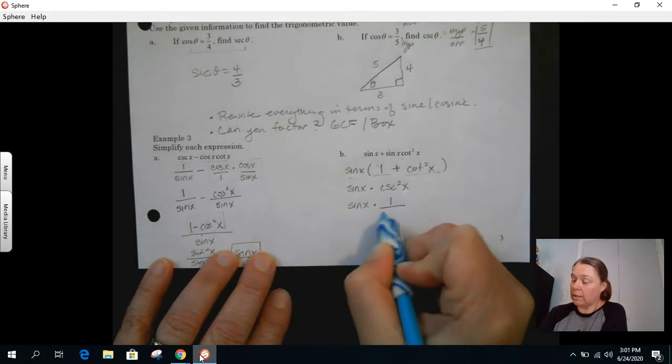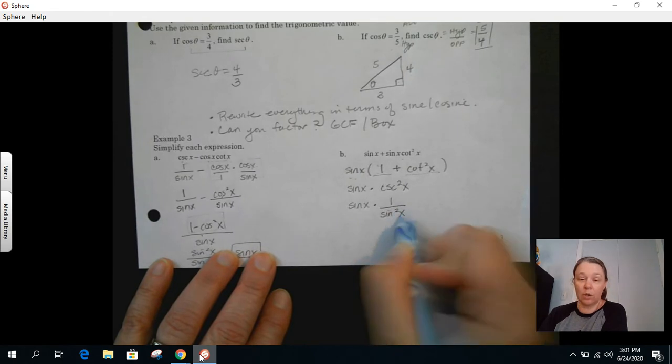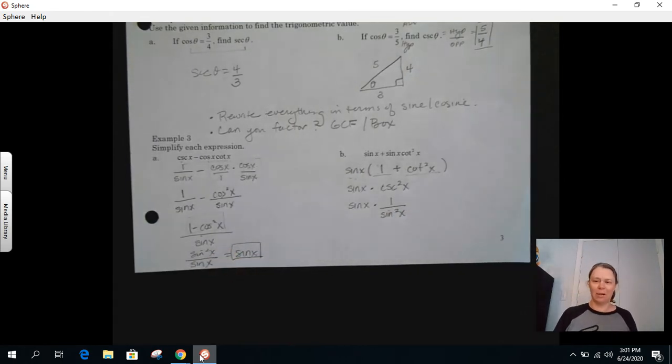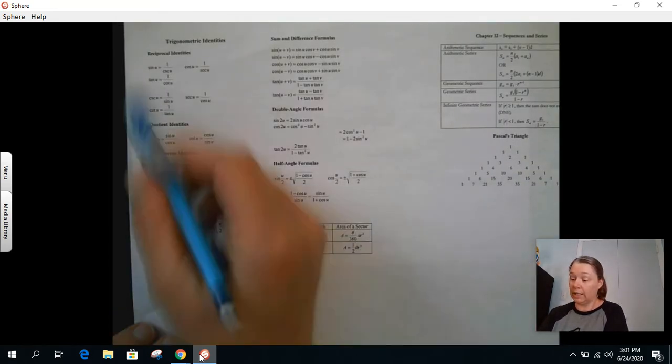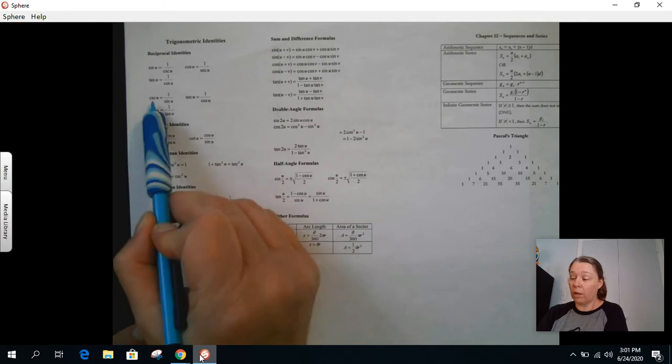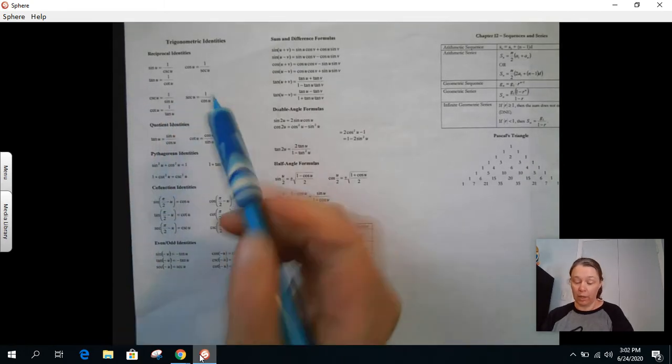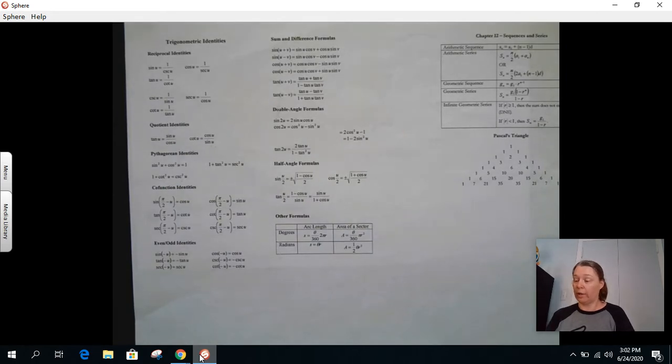writing this in terms of sines and cosines. So cosecant squared is the same as 1 over sine squared. And you might say, I don't see that on there anywhere. And you don't see that on here anywhere. But for all of these up here, if you were to square both sides, right, then that gives you another equivalent identity.